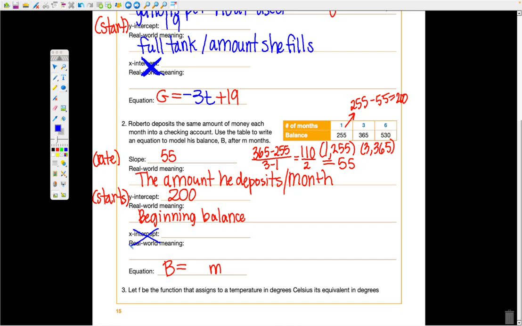I started it with the b equals. So what do I put next to the m? 55 plus 200.